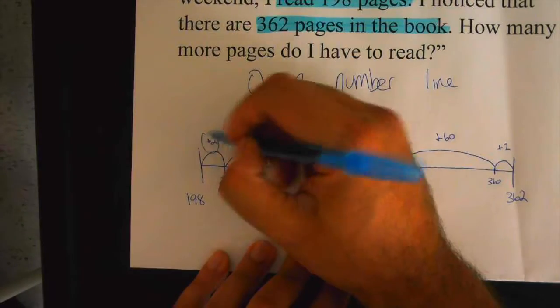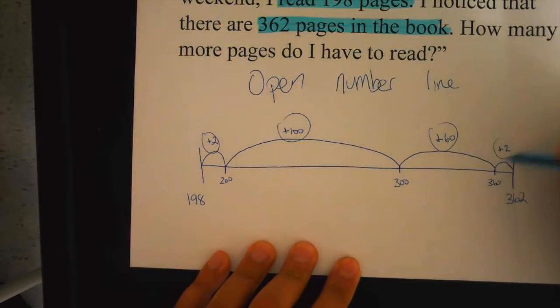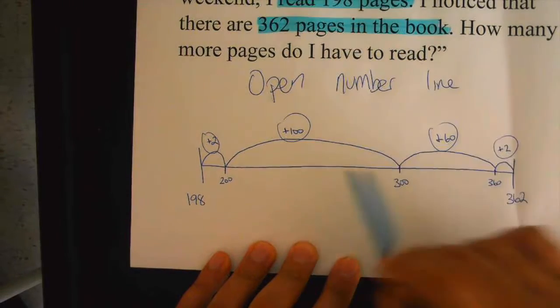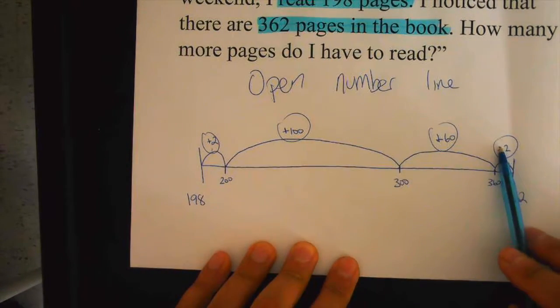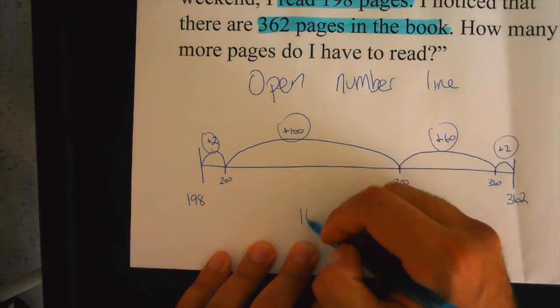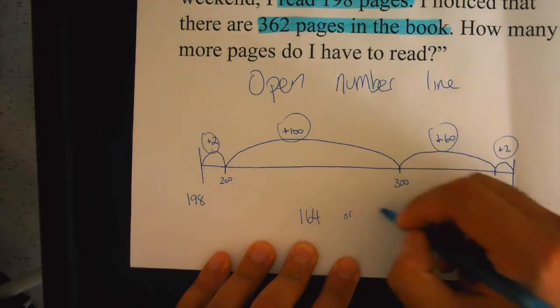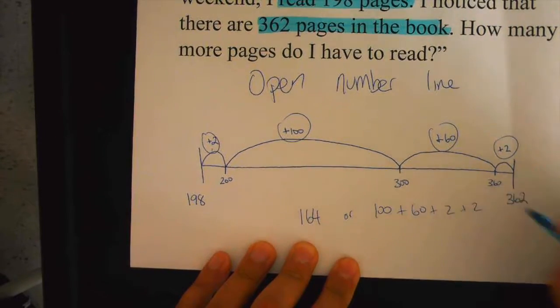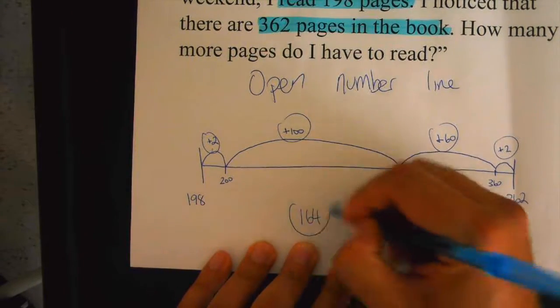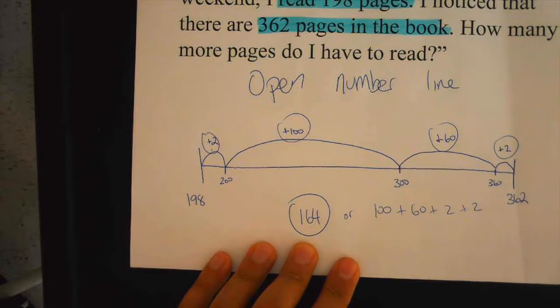If I take these four numbers and add them together, I get my answer. I have 100, 60, and then there's a 2 and a 2, which makes 4. 164. Or 100 plus 60 plus 2 plus 2. And that is how I get my answer.